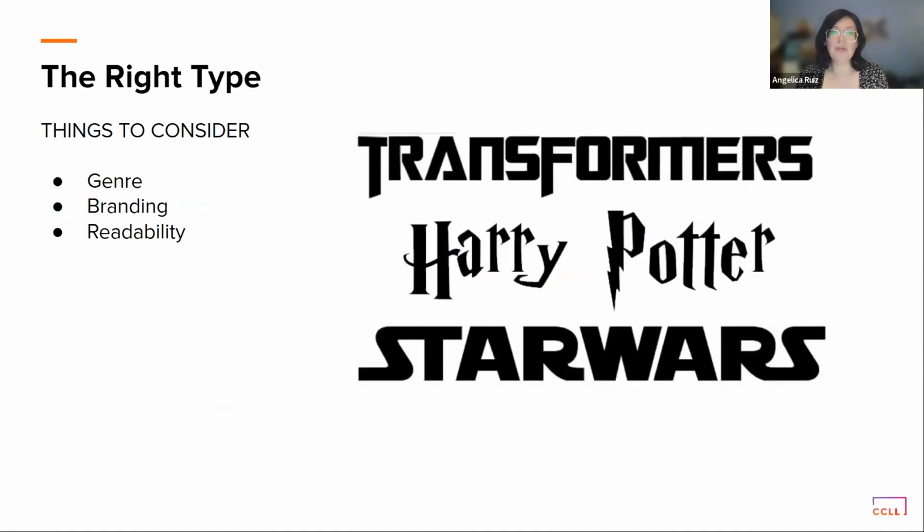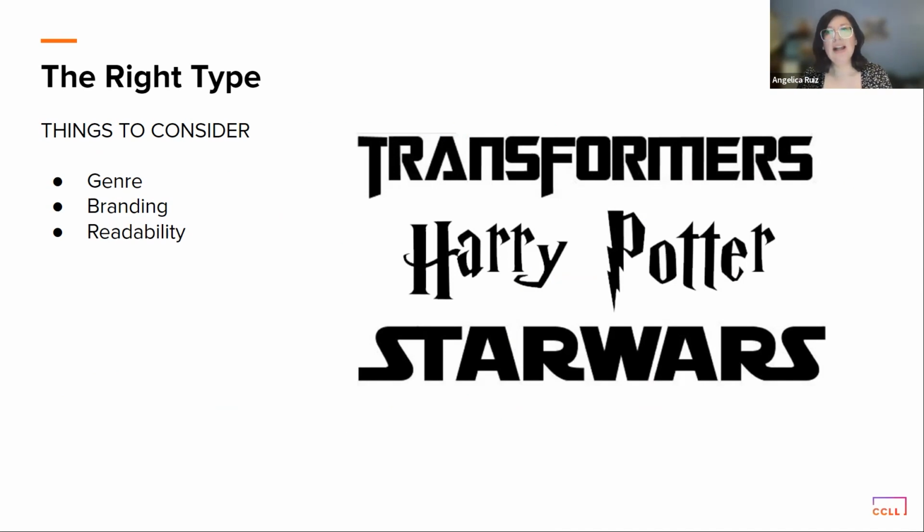So let's get right into fonts and typography, finding the right type of font for your poster. A few things that you need to consider for a movie poster. We covered what the goal of the poster is, which is to attract an audience and to communicate to an audience what the movie is about.